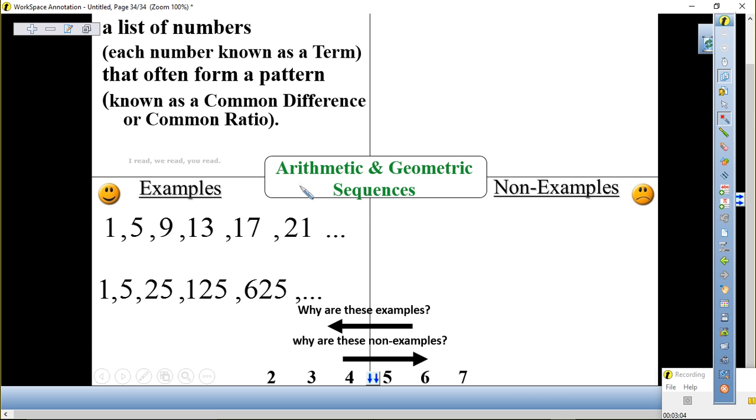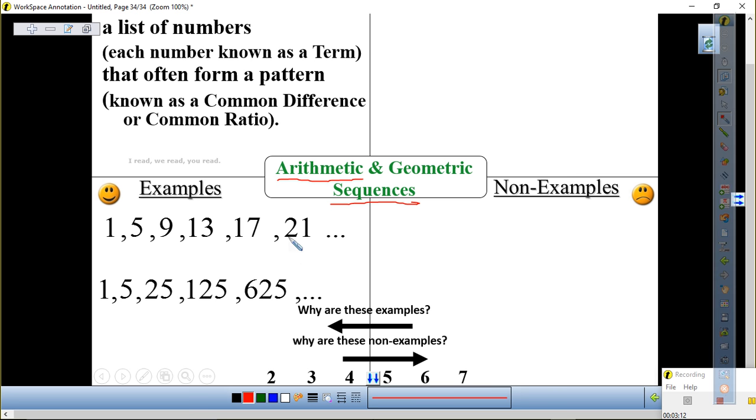I'm going to start, in red, with arithmetic sequences. What are arithmetic sequences? They are sequences that either add or subtract constantly for the pattern. So watch. So what is the constant pattern then?